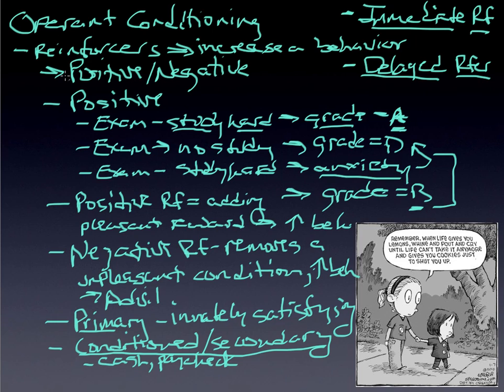So the key to understanding reinforcement is understanding that a reinforcer only increases behavior. Okay? So even if it's negative, negative is the removal of an aversive situation or stimulus. Positive is the adding of a pleasant stimulus. And that's a good example of how this happens. So like a parent, for example, if a kid is whining and the parent responds each and every time, then essentially they're giving a positive reinforcer to the whining behavior.